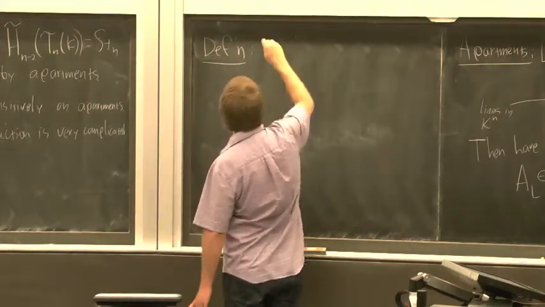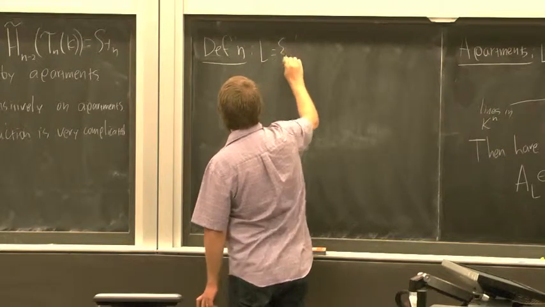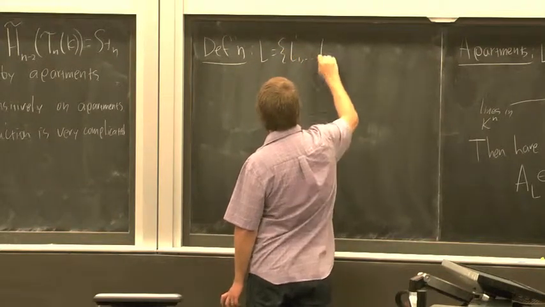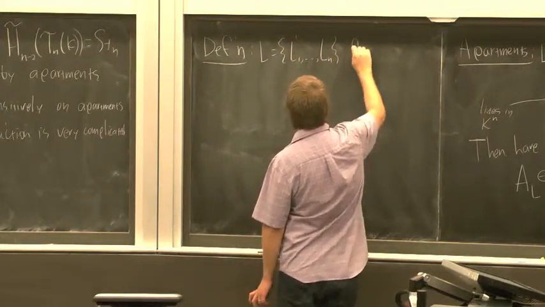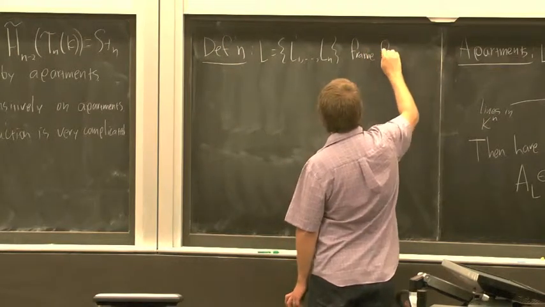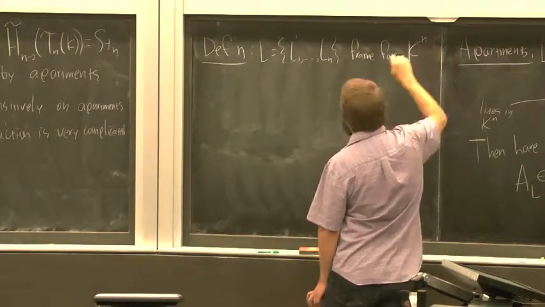Let's say that L, which is L1 up through Ln, is a frame for K^n.